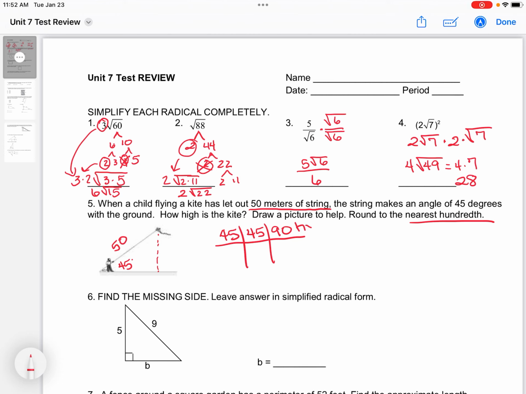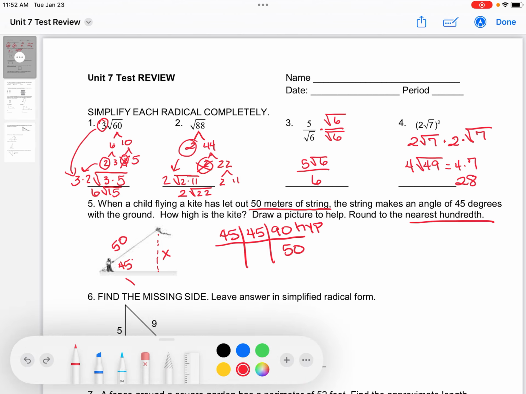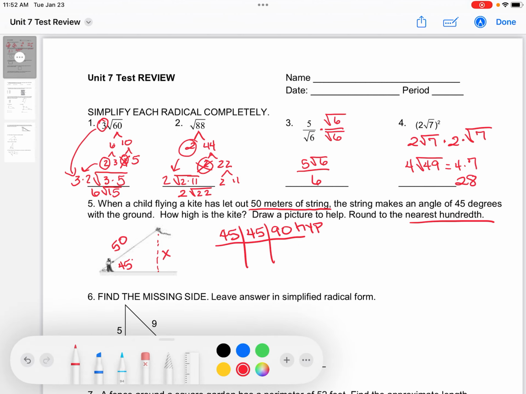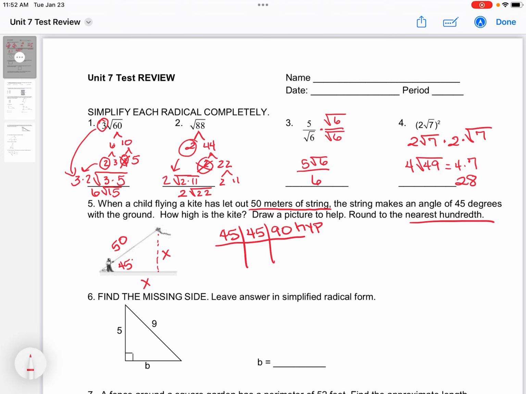Okay, so my hypotenuse, remember this is my hypotenuse, is 50 because that's the string and I want to know how tall it is. So instead of doing x square root 2, which I guess I'll write in here, but I'm not going to use it.